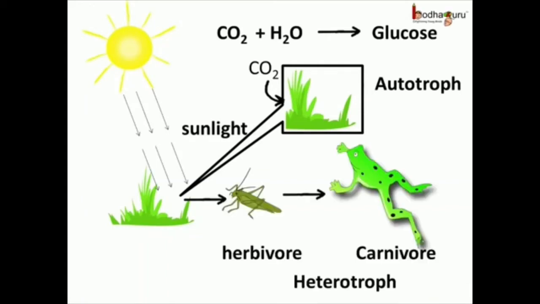The animals, including the human beings, depend on the plants directly or indirectly for the food. Hence, they are called heterotrophs. Hetero means others, so heterotrophs depend on others for food.